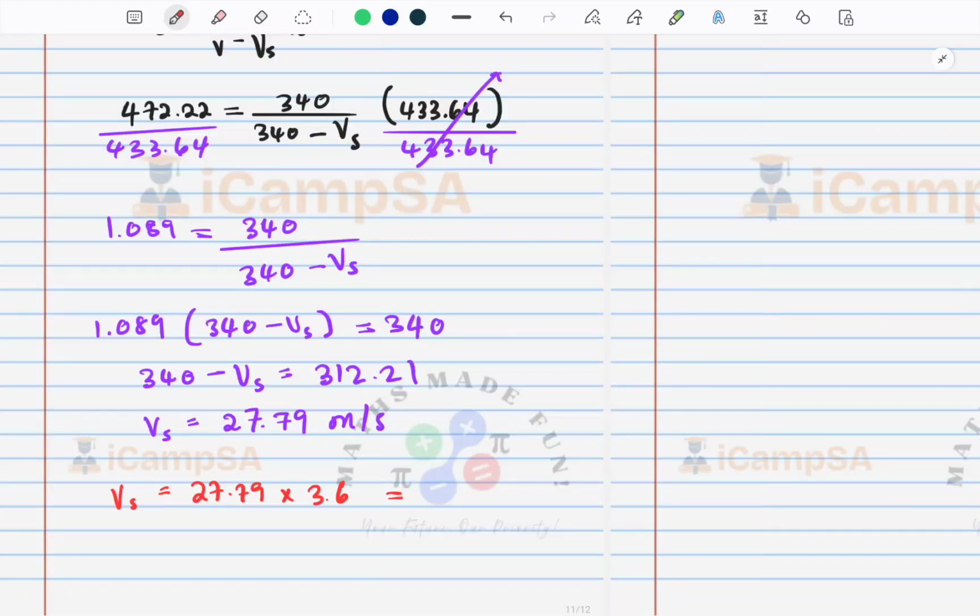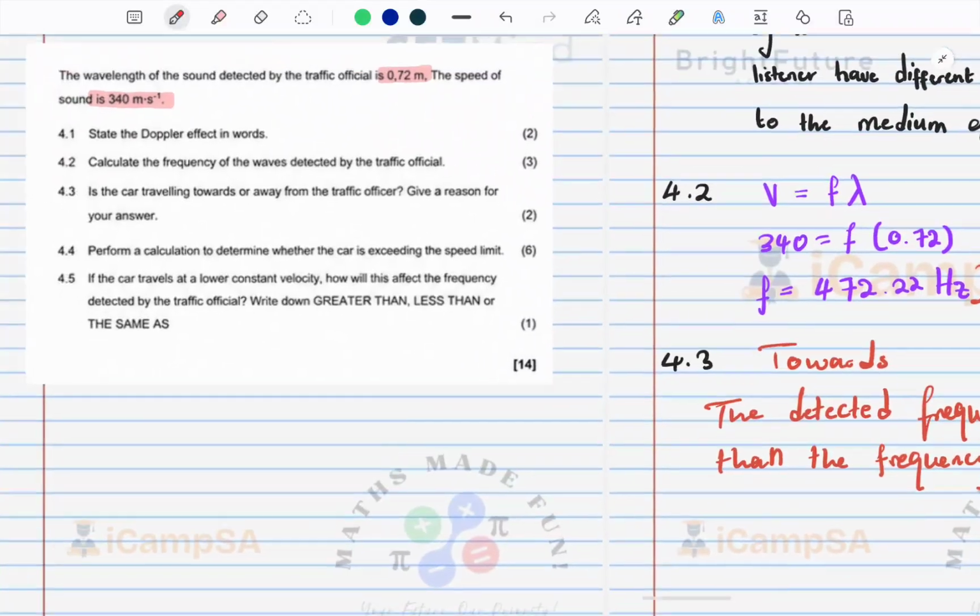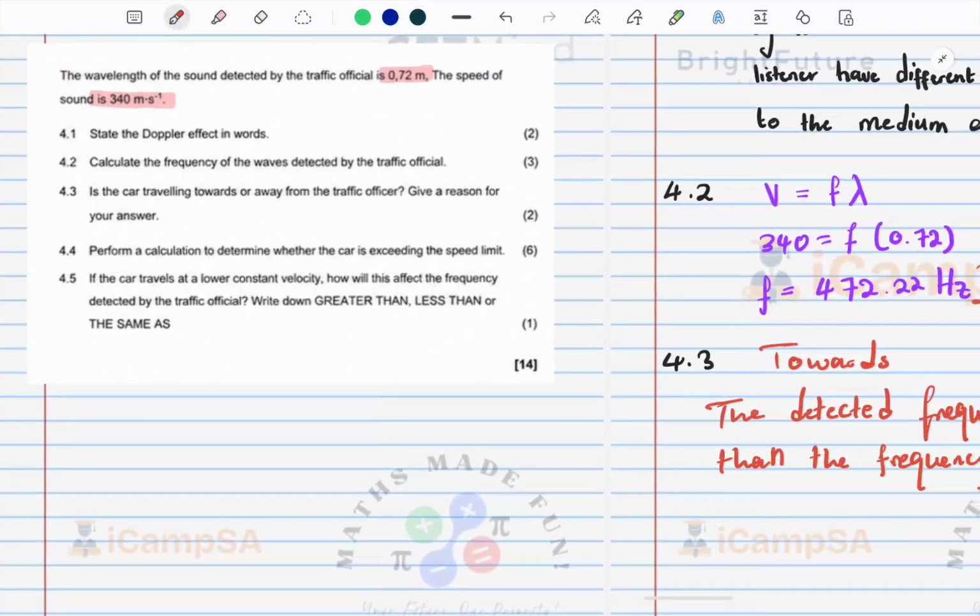So 27.79 times 3.6, I'm getting 100.044 kilometers per hour. And now this is above 100. So I can say the car is exceeding, it exceeds the speed limit.